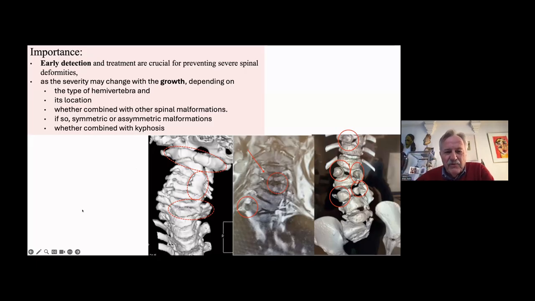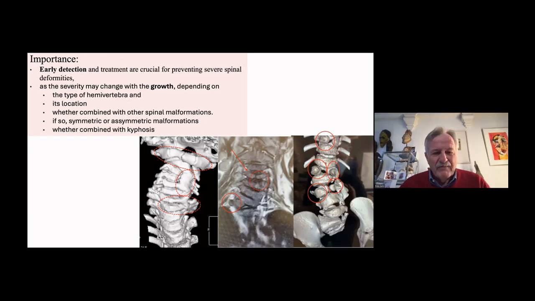So the growth is a fundamental issue in this whole development of these deformities. And of course, it depends, as we have seen, on the type of the hemivertebra and its location, and whether it's combined with other spinal malformations, and if so, whether it's symmetrical or asymmetrical malformation, and whether it's combined with kyphosis. This again is another issue.